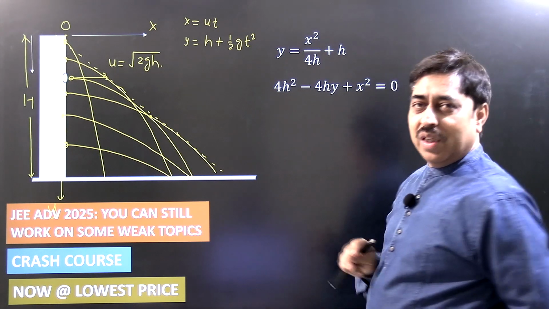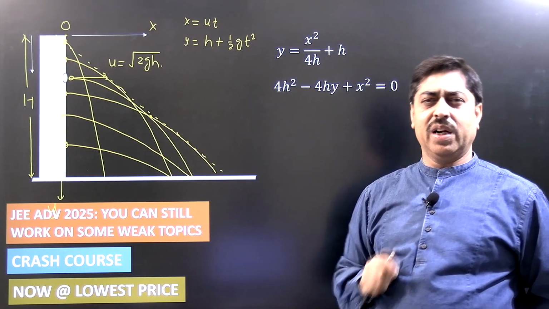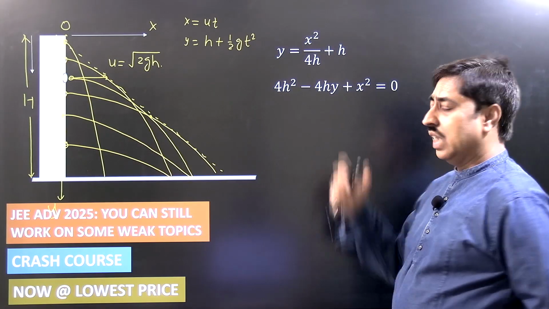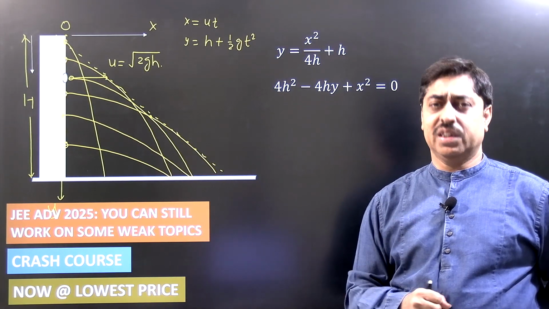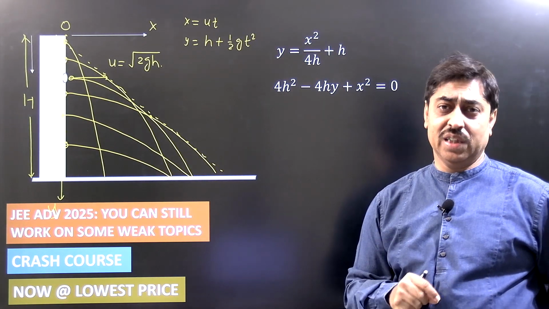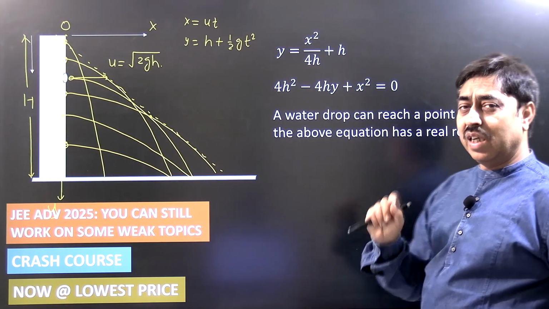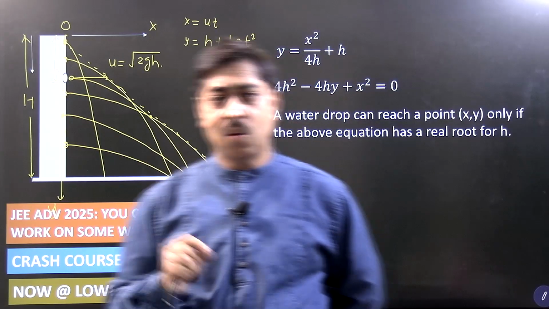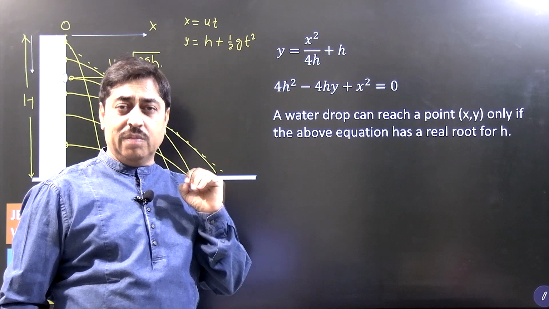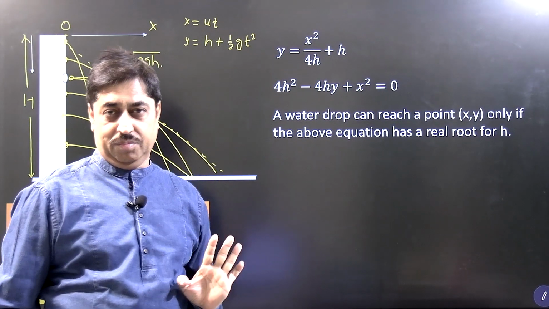You can take it on from here. I can put this equation in this form. This is the trajectory equation. I have put it into this form. I have purposefully written it in this form. I want you to see this as a quadratic equation in H. I want you to look at this equation as a quadratic equation in H. And please try to understand that a water drop can reach any given point x comma y only if this equation gives you a valid real root of h.